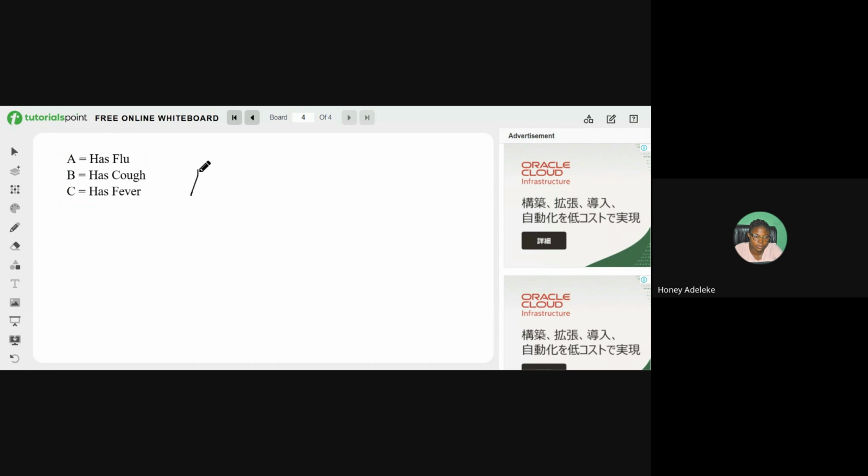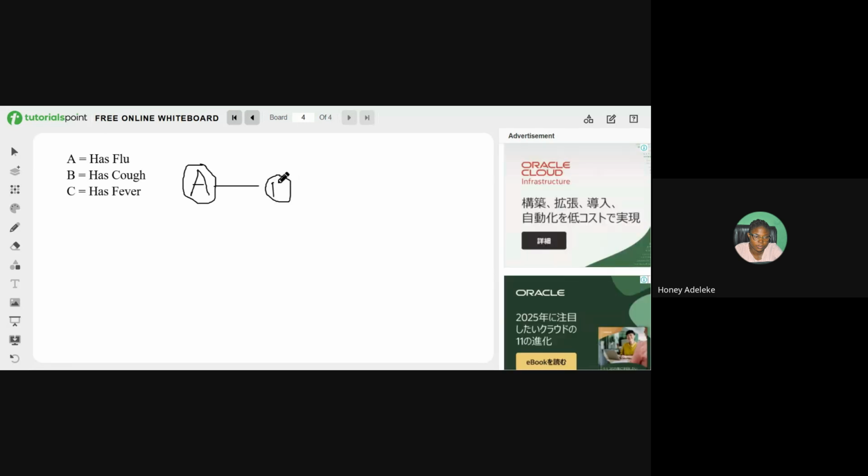So let's assume we have A. I'm not going to put an arrow. We are the ones that will put arrows there by ourselves.